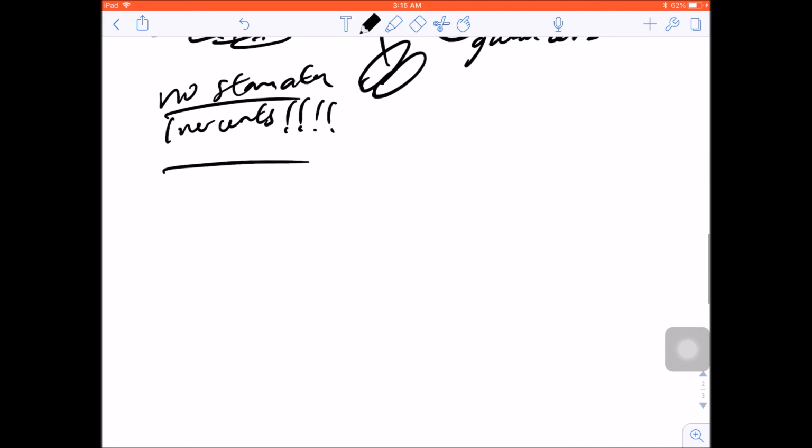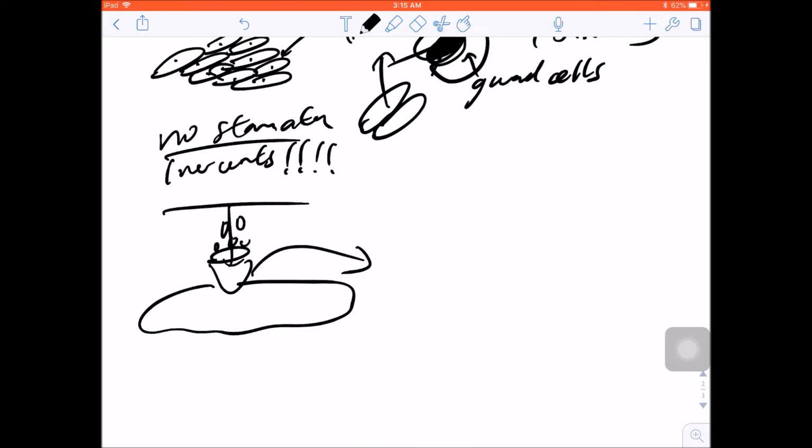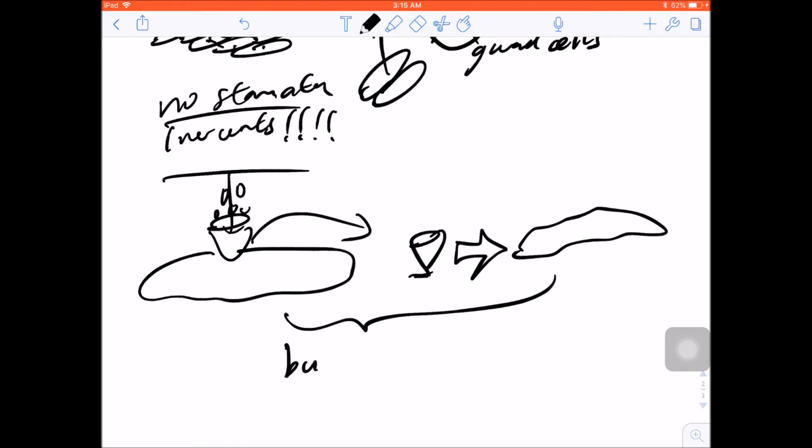Going back to the gemmae, right? Those little cups on the thalluses. What these are, remember, you get water into them. If it gets rained on hard enough, they just pop right off. When they pop off, they develop into another thallus. So this is budding. This is budding reproduction. There's asexual reproduction.